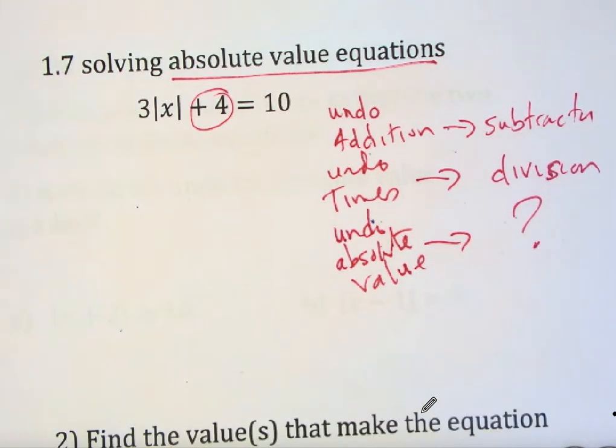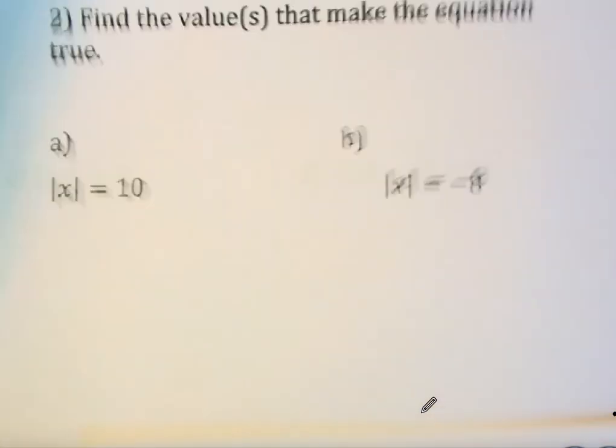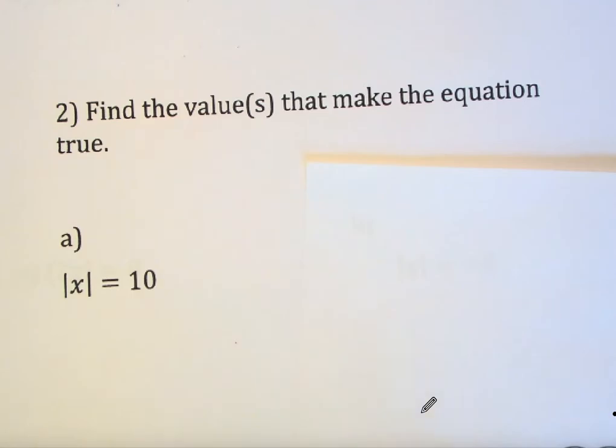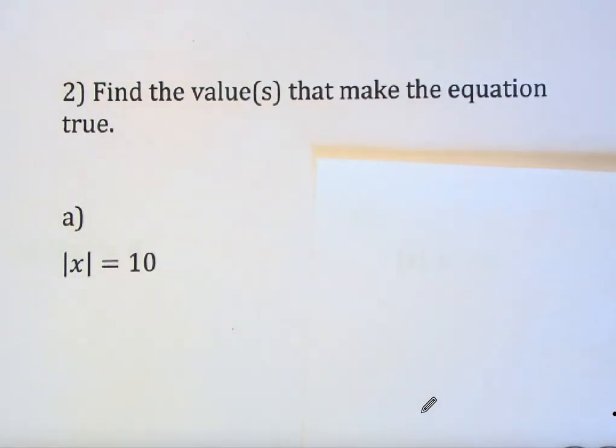To get our minds thinking about it, let's take a look at a simpler example. We're going to solve this, and solving is finding the value or values that make the equation true.